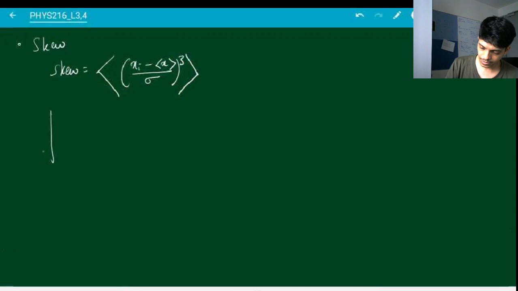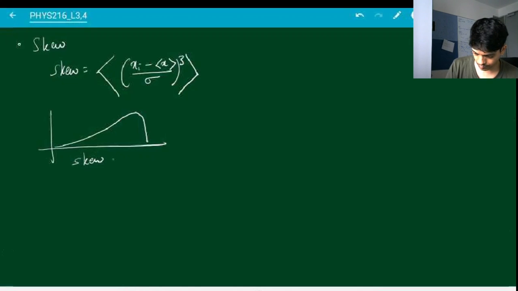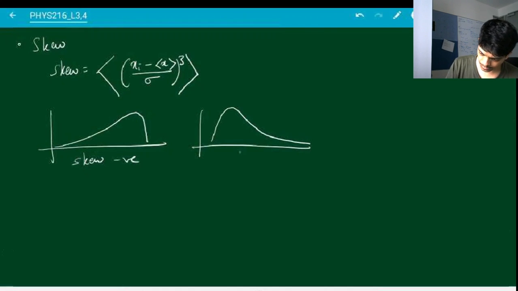So for example, if you have a distribution that looks like this, this has a negative value of skew. But if you have a distribution that looks like this, it has a positive value of skew.